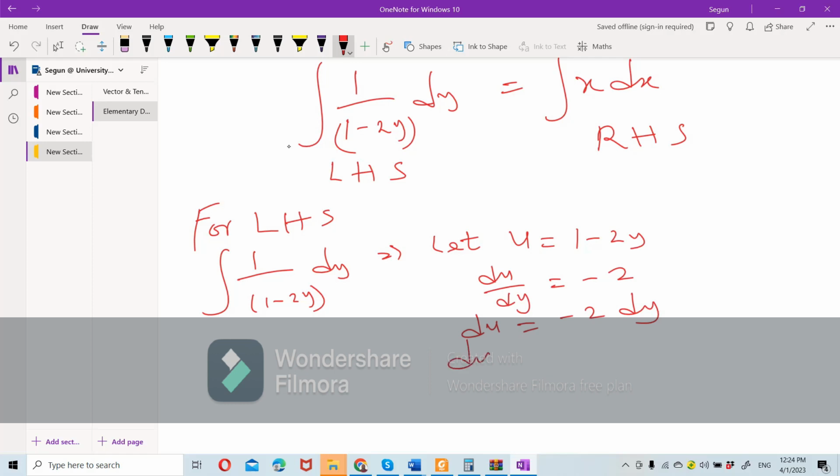And we need our dy to be equal to -1/2 du.